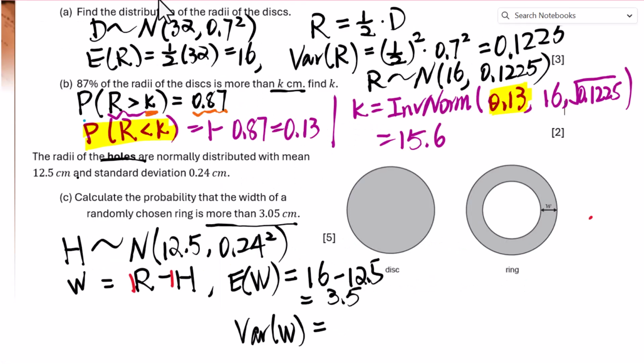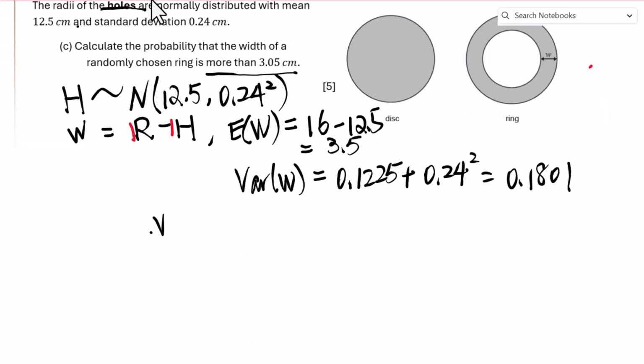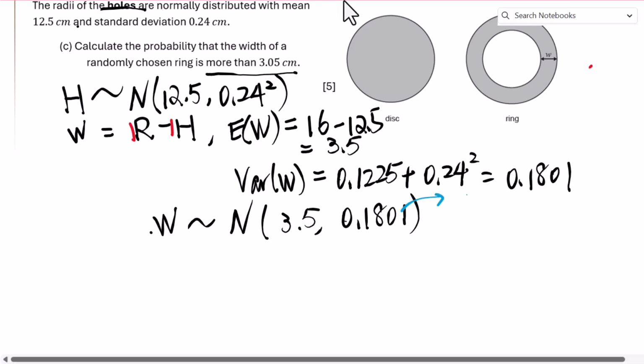Variance of W equals 0.1225 plus 0.24 squared equals 0.1801. So W follows normal distribution with mean 3.5, variance 0.1801.